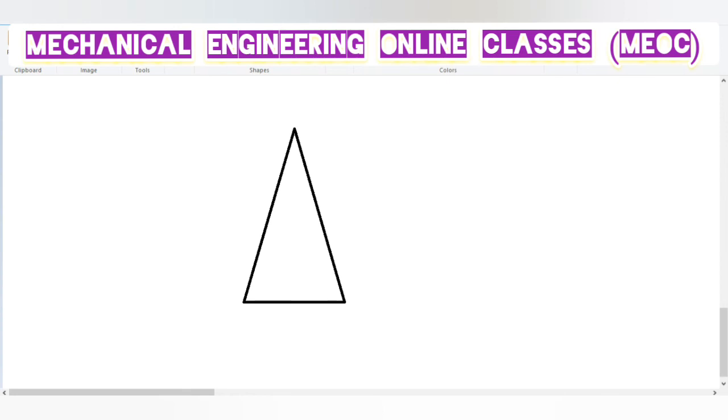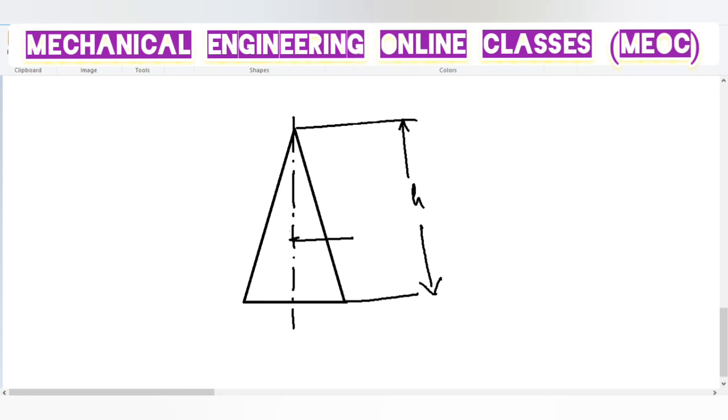Therefore, for a triangular area, if the height from the base is h, the centroid will lie on its axis of symmetry, which is at a height of 1/3 of the height of the triangle from the base.